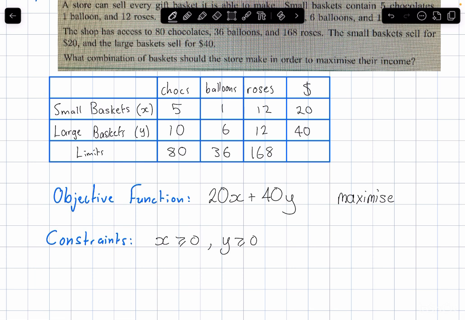The next thing we're going to use is our columns here. So we're going to have a constraint for chocolates, for balloons, and for roses. And all you are doing is correlating the column to the variable. So I've got 5 lots of x's, 10 lots of y's, and 80 is my constraint. Now I've only got 80 chocolates. So that means 5x plus 10y has to be less than or equal to 80.